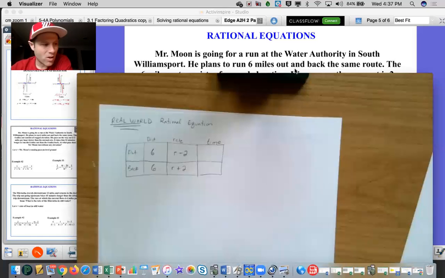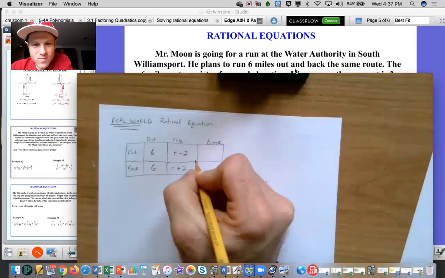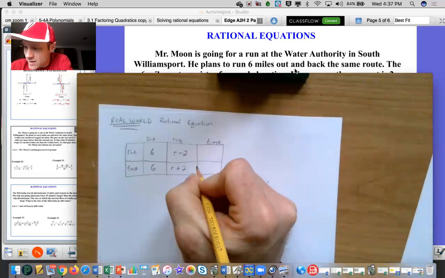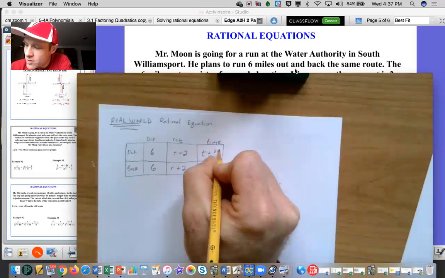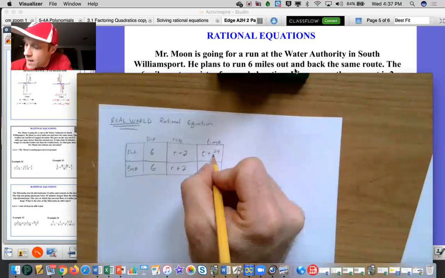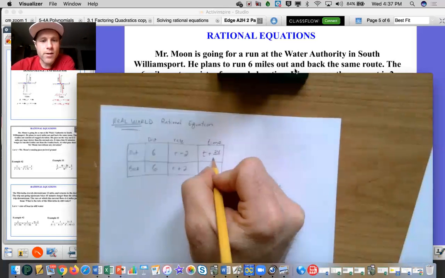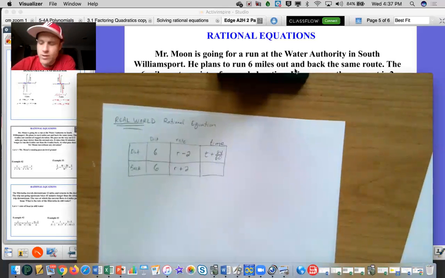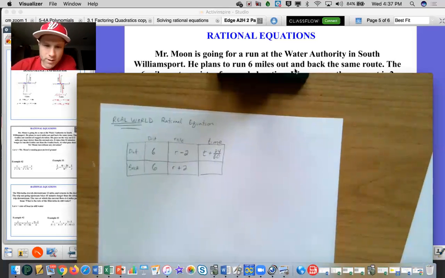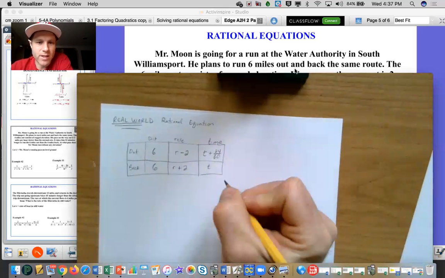All we know about time is that the time on the way out is 24 minutes more than the other. On the way back, it's just T, whatever amount of time it takes me to come back.